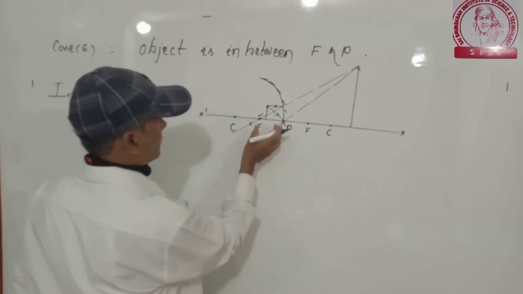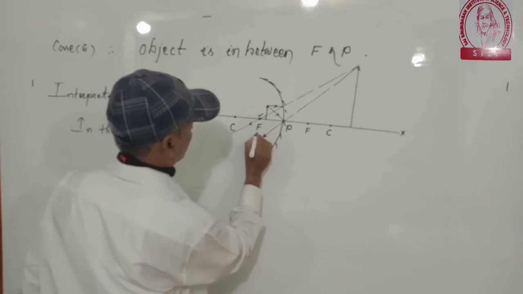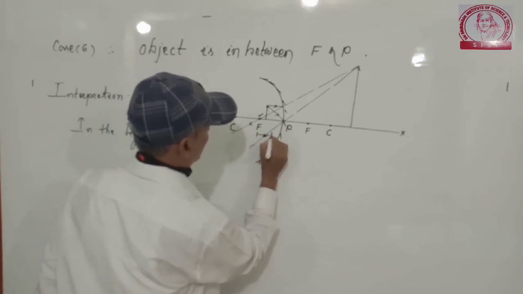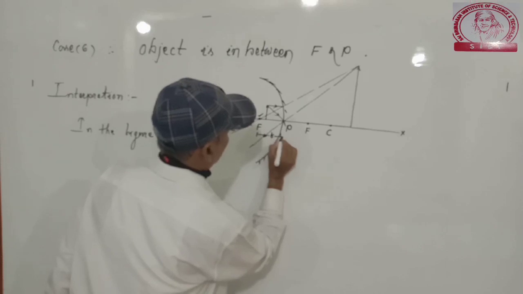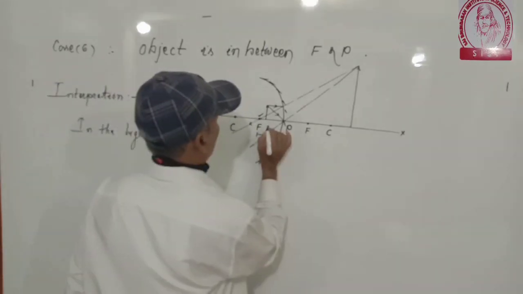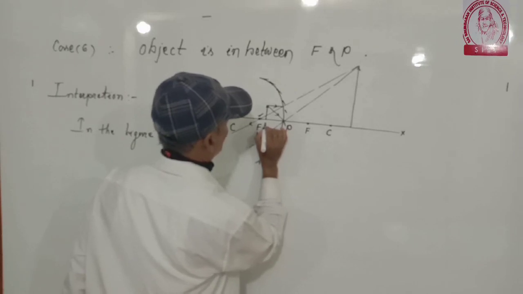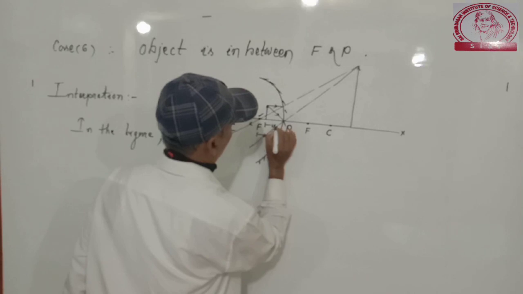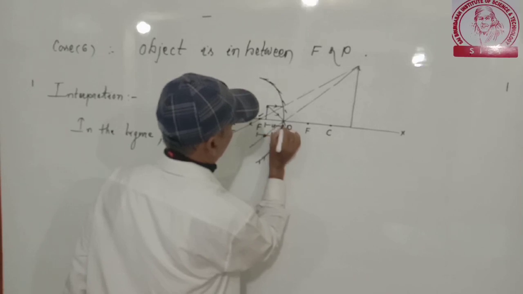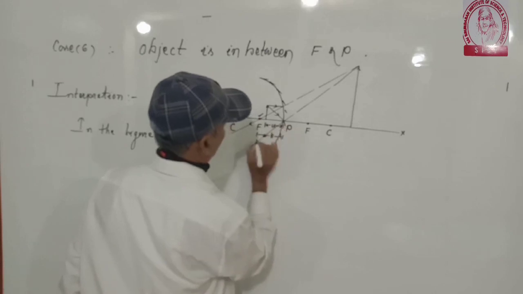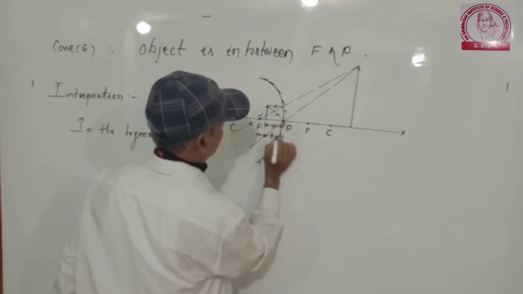So no doubt, focal length is taken as negative. Similarly, u is also taken as negative. This is u and this is f.